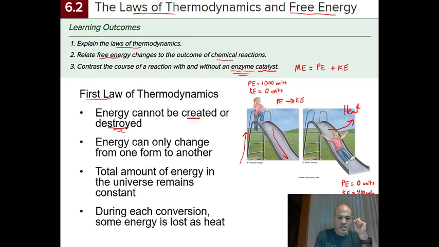During that conversion, unfortunately, we're going to have some energy lost as heat every time. This is an important part to drive home: any conversion of energy in a biological system or in a mechanical system like this one, you're always going to have energy lost to the environment in the form of heat. So no energy conversion is 100% efficient.